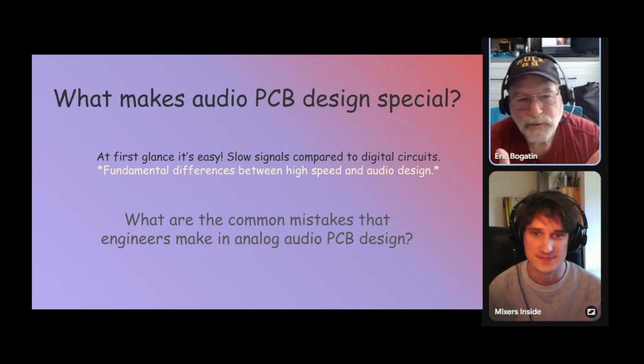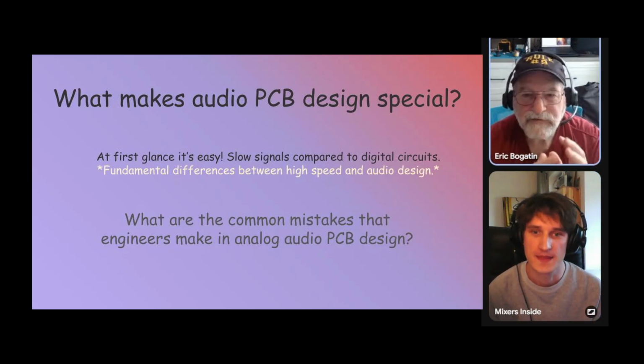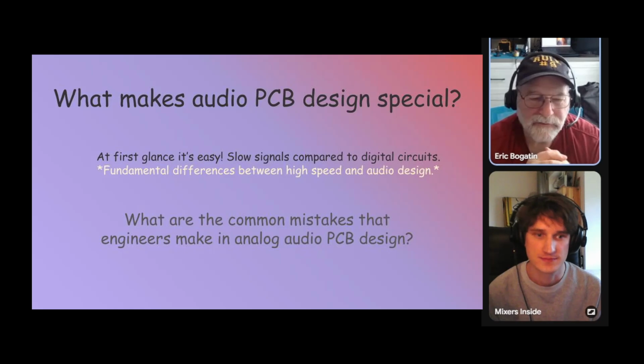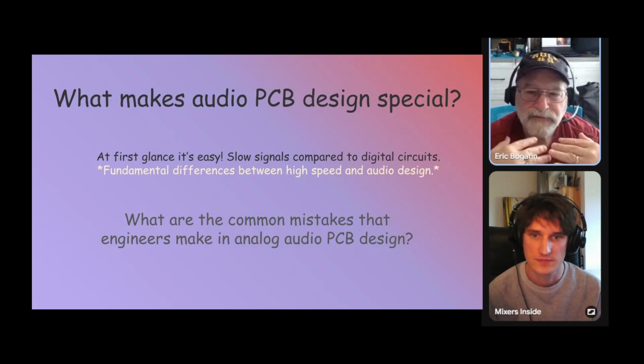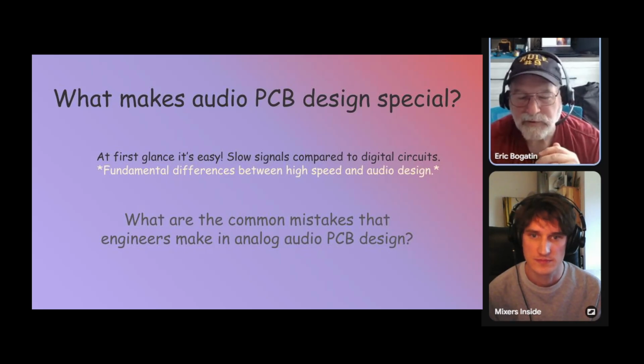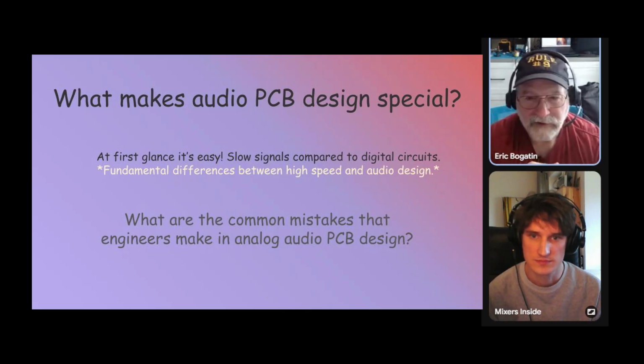Yeah, so you're right that audio design is different from high-speed design because there are really two physical effects related to, surprisingly, electromagnetics. One is where the currents flow in the planes in a circuit board. Above about 100 kilohertz, which is above the audio range, the return current for any signal line flows right underneath that signal line in the ground plane.